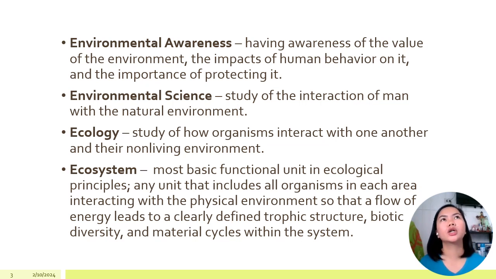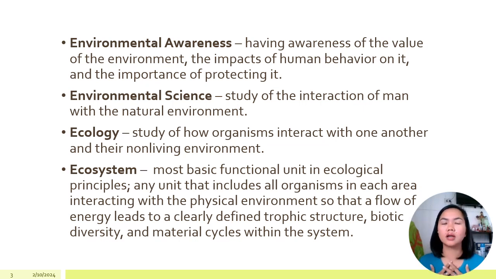And in your garden, you might also have other organisms aside from your plants. Maybe some birds will visit your garden and pollinate your flowers. All of those organisms are part of that ecosystem. So we can consider your little garden as one functioning ecosystem.